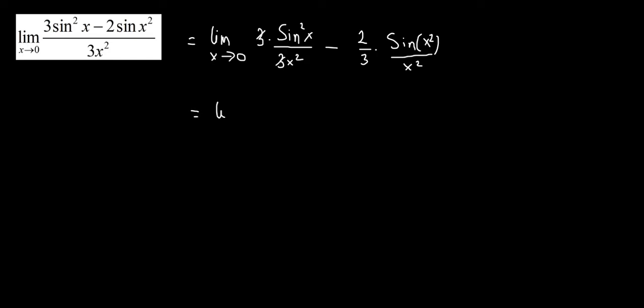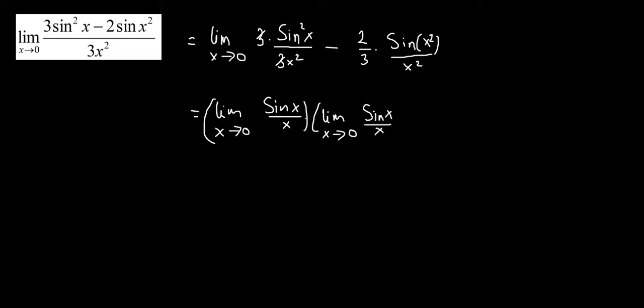That will give us limit x going to 0 sine x over x times limit x approaching 0 sine x over x minus 2/3 of limit x approaching 0 sine x squared divided by x squared.